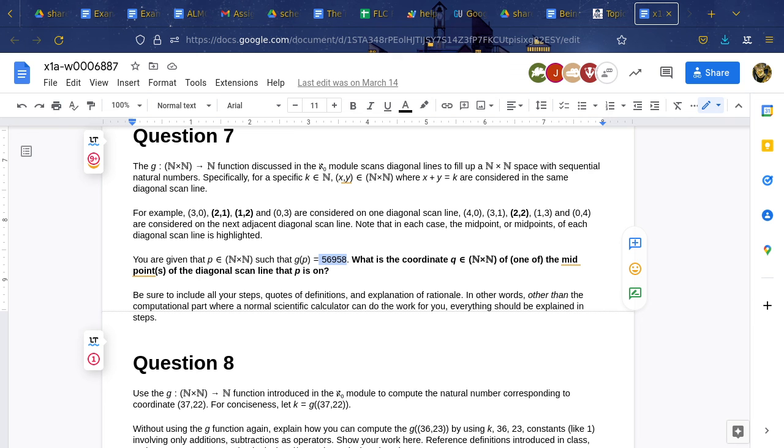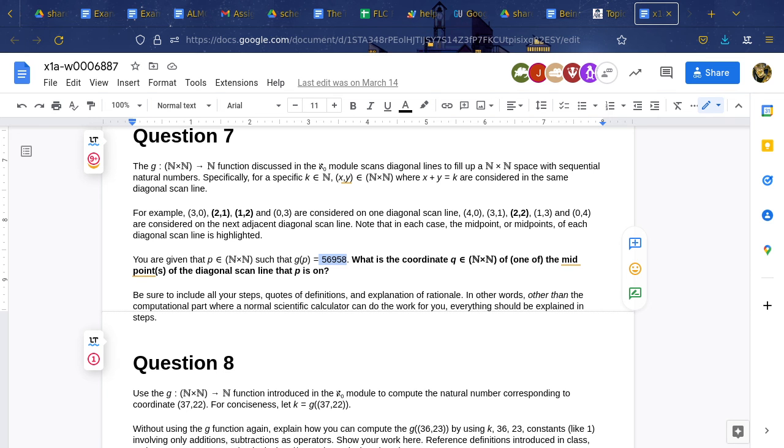If x plus y is an even number, then you have 1 single middle pixel. And that's why when I refer to the midpoint, I put the plural in parentheses, because you can end up with 2 quote-unquote middle pixels. But if you can find one of those 2 and write out the answer, it'll be fine. I'll still give you full credit, even though technically there are 2 midpoints.